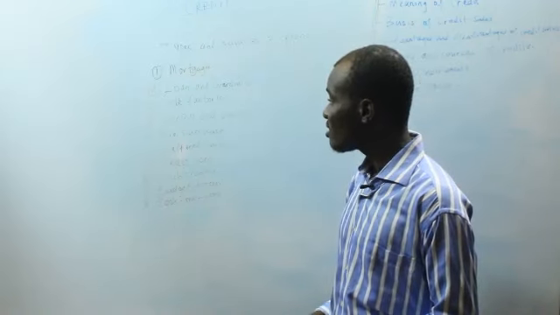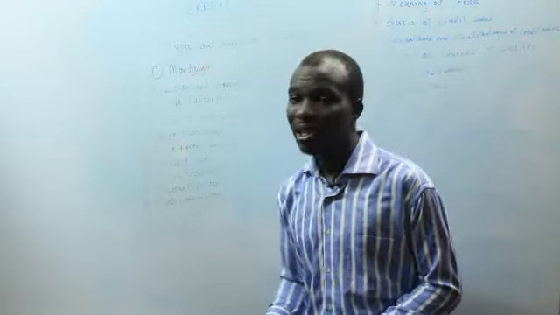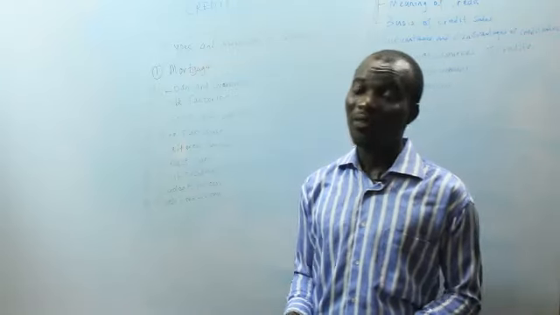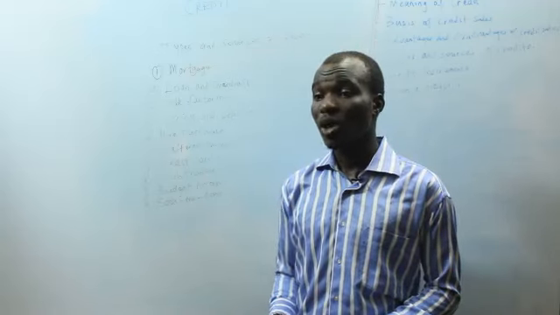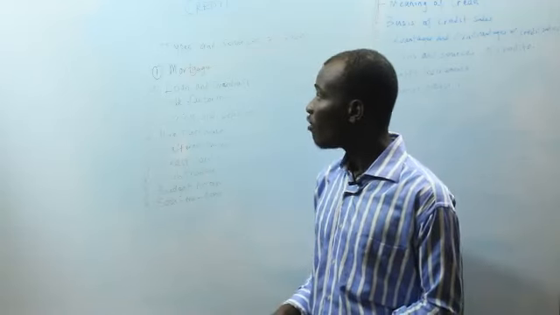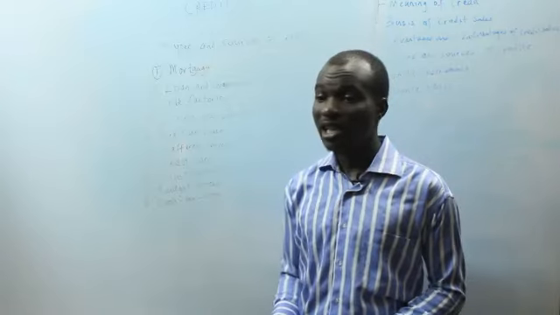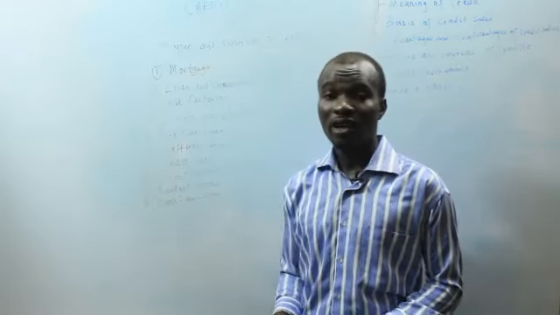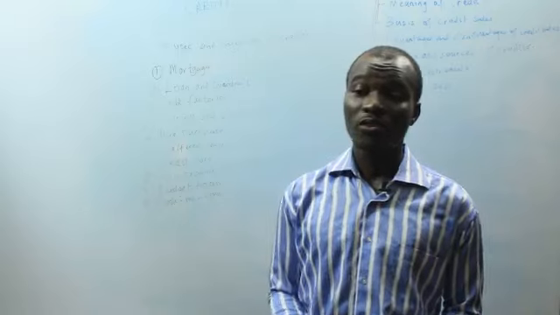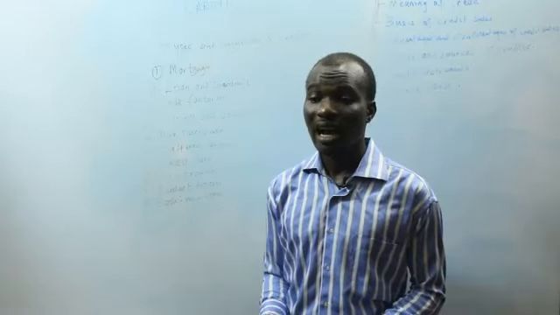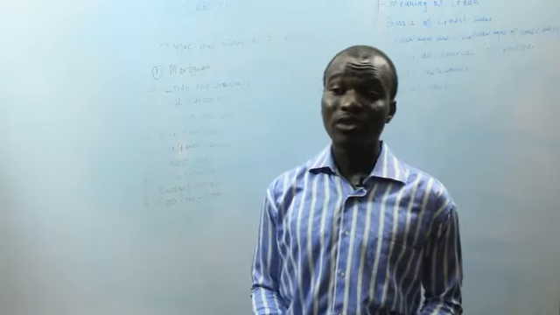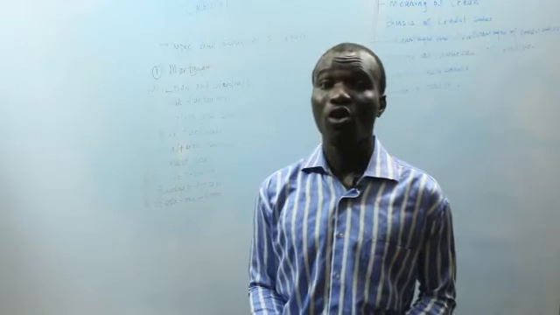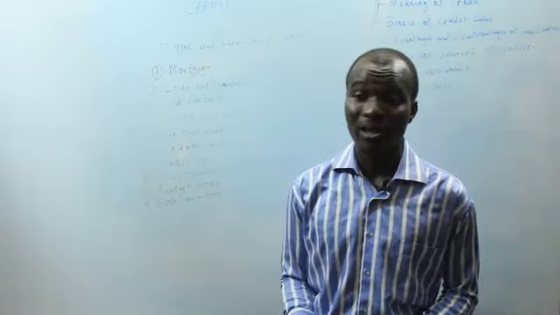So the next one is the hire purchase. Interesting. This is also one of the interesting sources of credit sales, used by large organizations to acquire especially durable goods or durable properties.